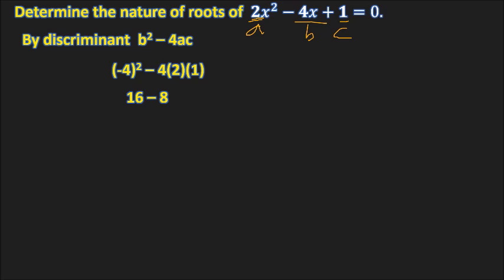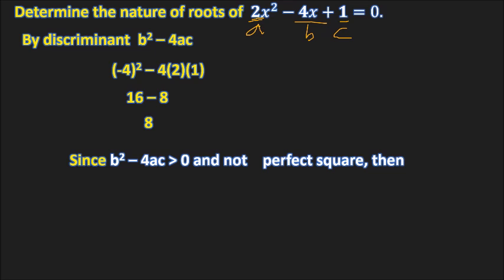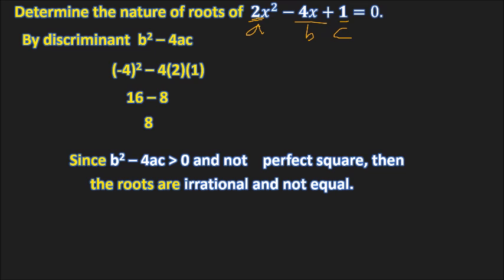Doing the subtraction, we have 16 minus 8, which is 8, which is of course not a perfect square, but of course it's greater than 0. Since b squared minus 4ac is greater than 0 and not a perfect square, then the roots are irrational and not equal. Irrational in a sense that they can no longer be simplified or they can no longer be taken out of the radical.